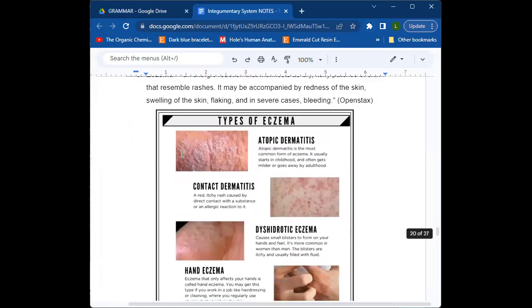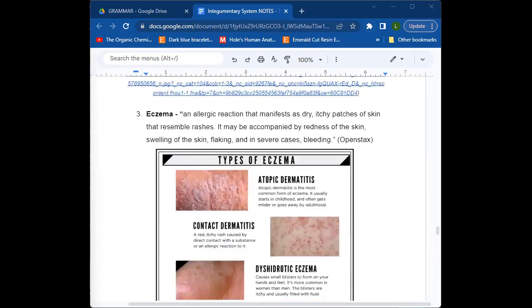Okay, now let's take a look at eczema. So we need to know that eczema is a disorder. Well, there are actually many different types of eczema and dermatitis. It's an allergic reaction that manifests as dry, itchy patches of skin that resemble rashes.